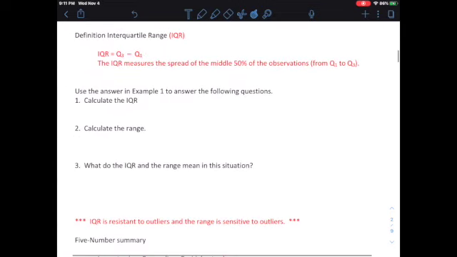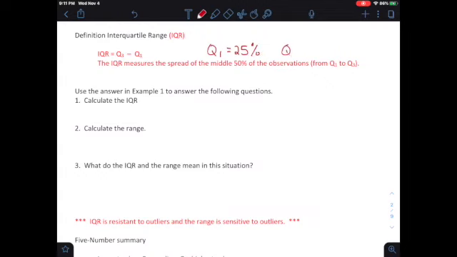If you look at it, Q1 is going to be at 25, Q2 is going to be at 50, and Q3 is at 75. So you are picking up the numbers between those two. So take the number from Q3 minus the number at Q1. That's all. The interquartile range is the spread of the middle 50% of the observations.